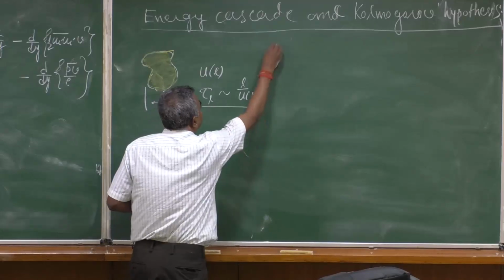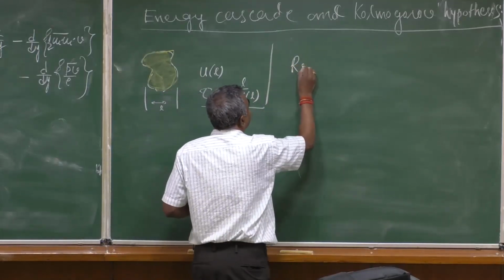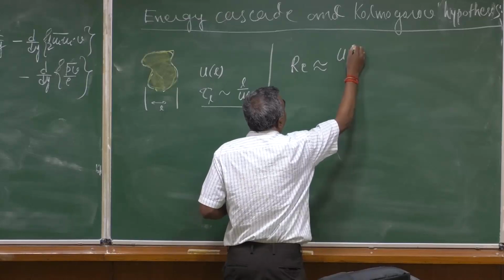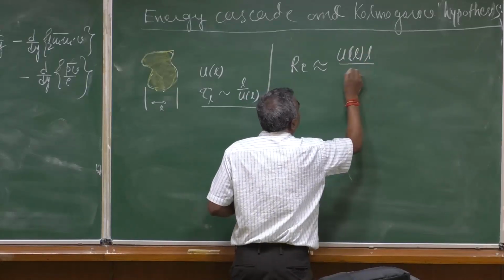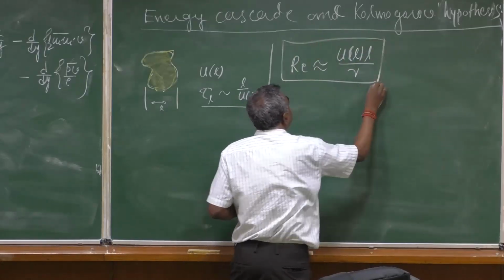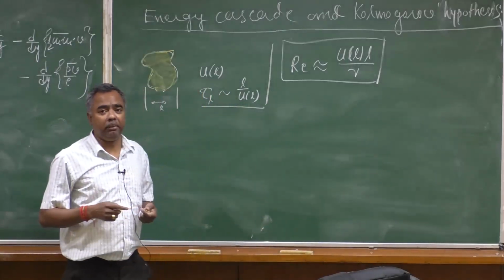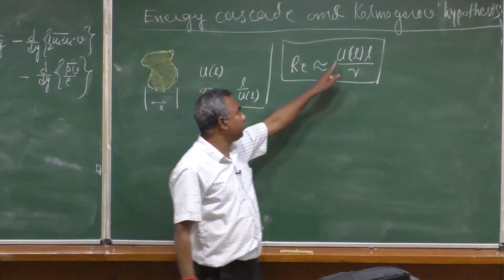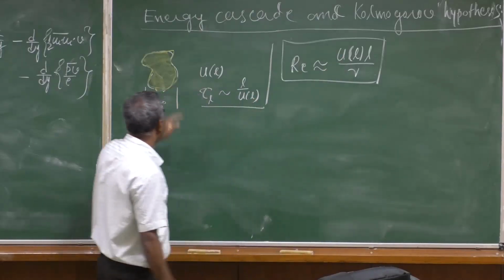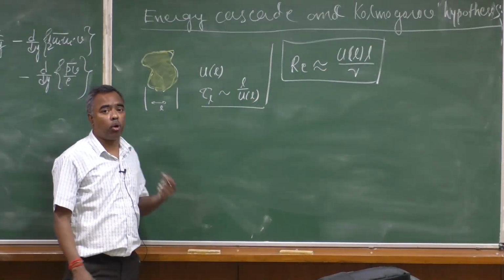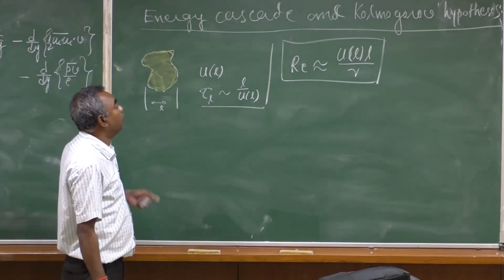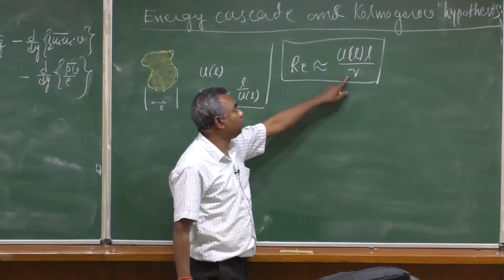The Reynolds number for this eddy is UL times L by nu. If the eddy size is large, this Reynolds number is also large, because the velocity scale of the largest eddy is of the order of the u rms velocity existing in that turbulent flow. So the Reynolds number is pretty large.